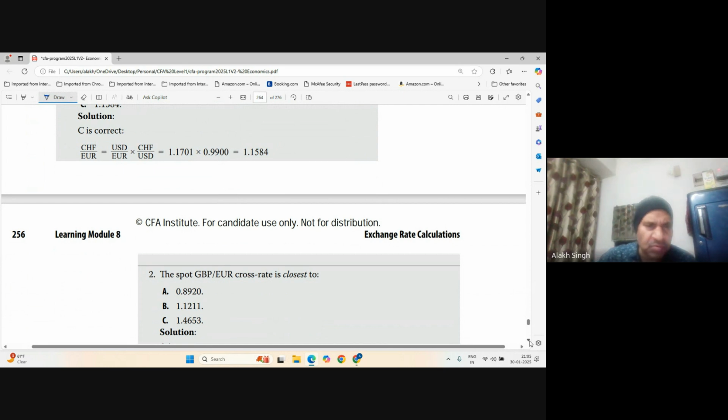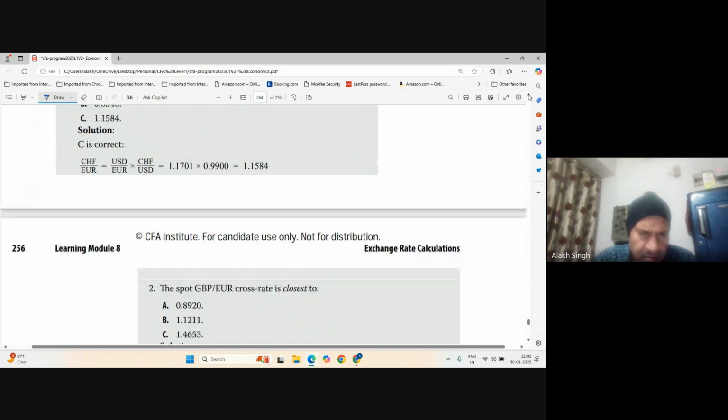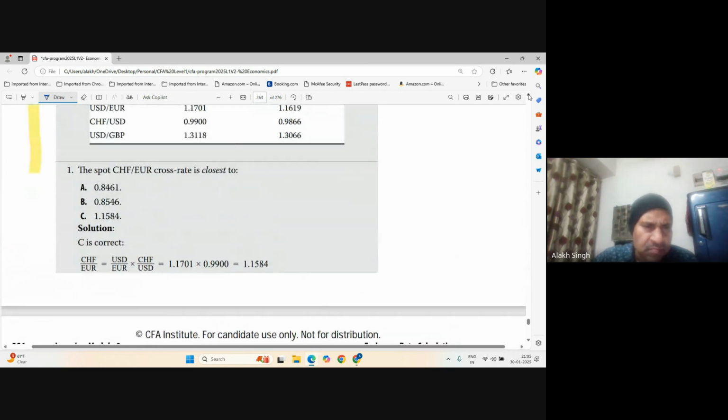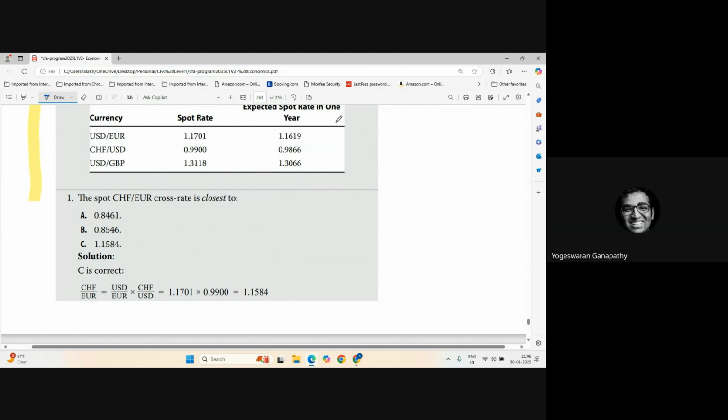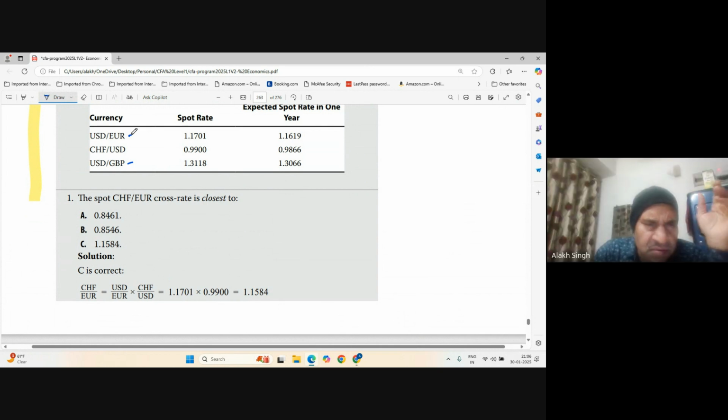The GBP euro cross rate. GBP by euro. Okay, let me go up. So this, that divided. So 1.17 divided by 1.31. GBP by euro means the reciprocal of this.